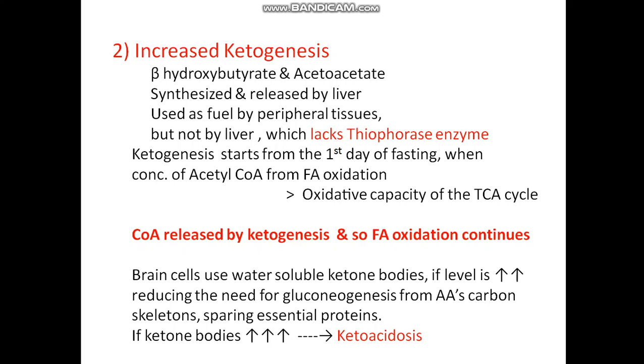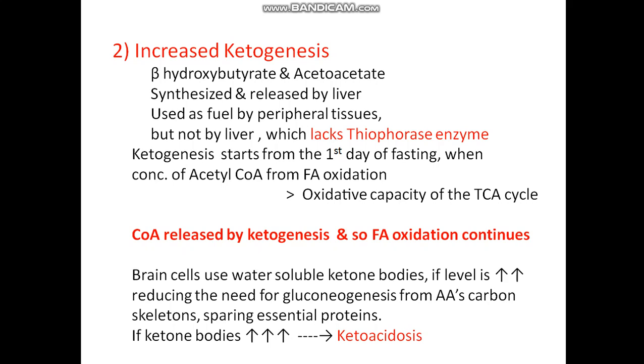So ketogenesis starts from the first day of fasting, when the concentration of acetyl coenzyme A from fatty acid oxidation increases beyond the oxidative capacity of the TCA cycle. And the coenzyme A released by ketogenesis, you have read that during ketogenesis and ketolysis coenzyme A is released, is utilized by fatty acid oxidation, and it continues.